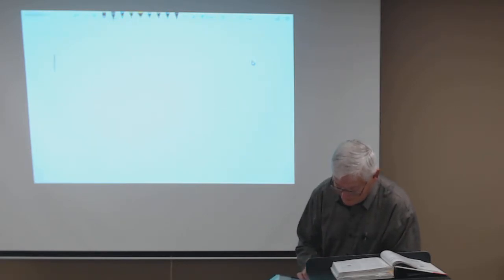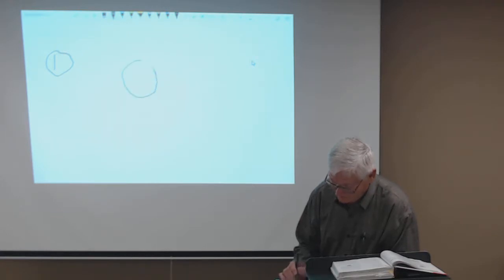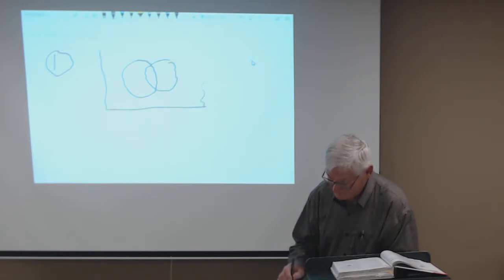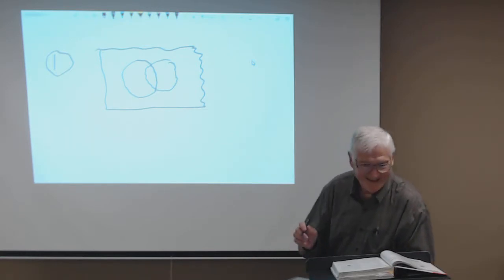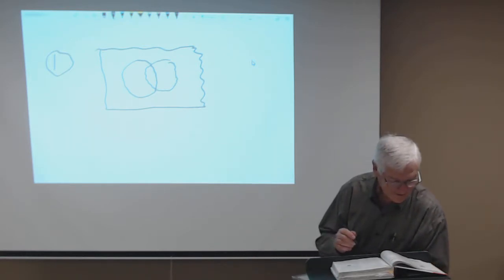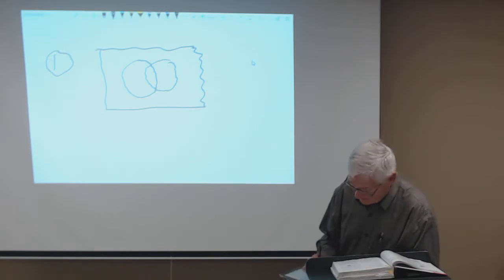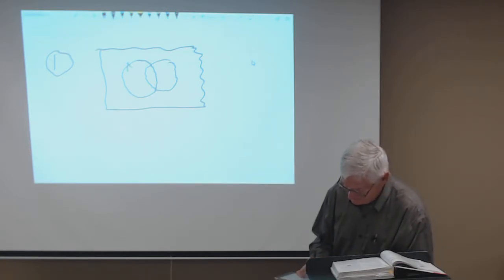So I'll just say number 1, I'm going to draw 2 circles and a big square. And I'll call this A, this is B, and this is the universe.